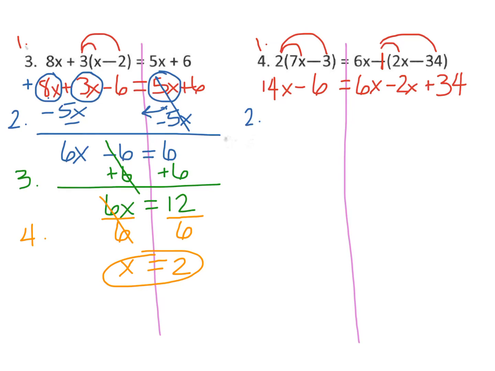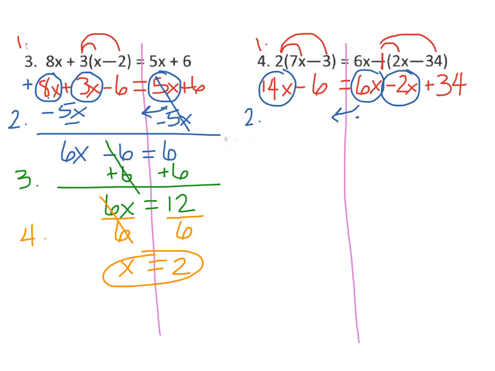Now let's do step 2. I'm going to circle all of my variable terms. All right. Now, thus far, I have been always moving my variable terms to the left, and I'm going to continue doing that. But this time I'm going to be moving 2 variable terms to the left.